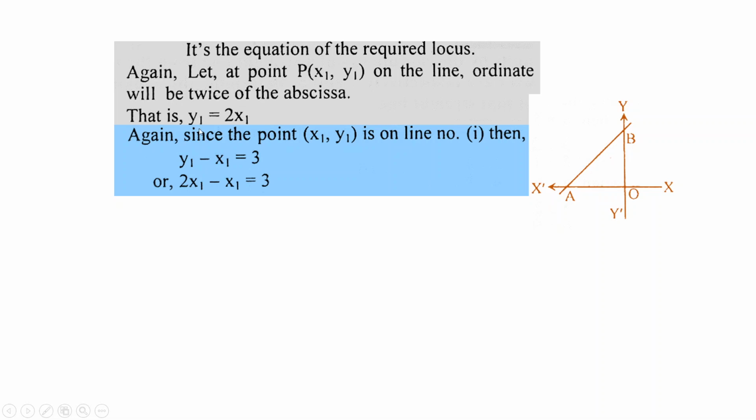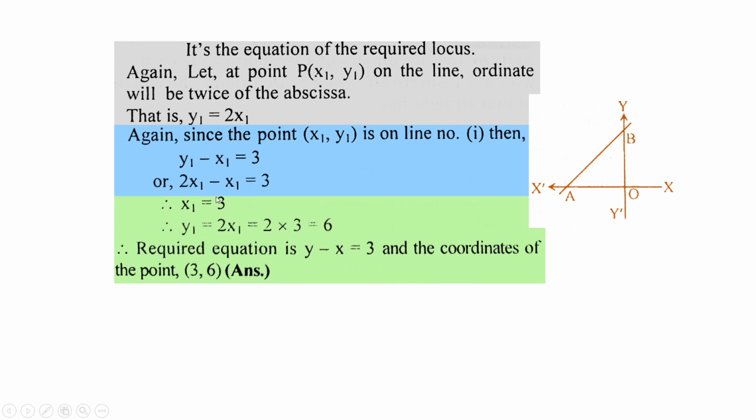If we put the value of y1, then we get twice x1 minus x1 equal to 3. So x1 equal to 3. Putting this value in y1 equal to twice x1, we get 2 into 3, that means 6. So the required equation is y minus x equal to 3 and the coordinates of the point are (3, 6).